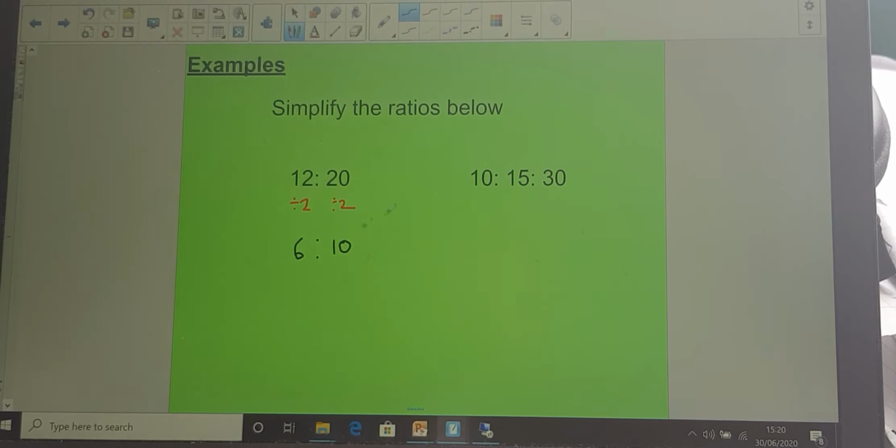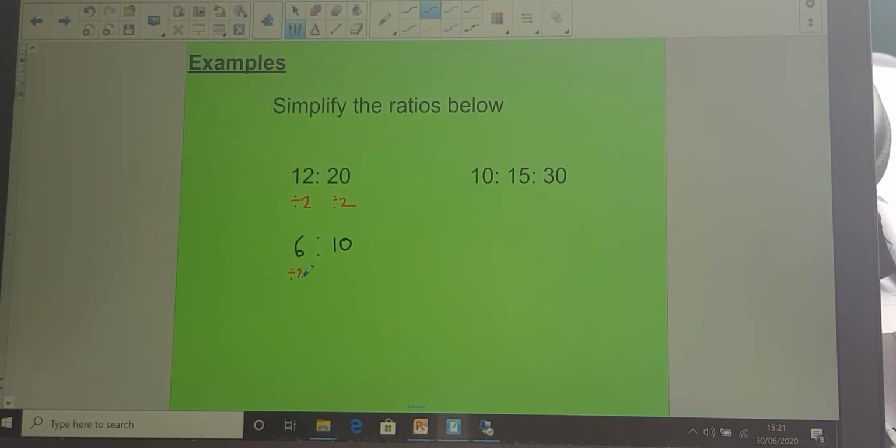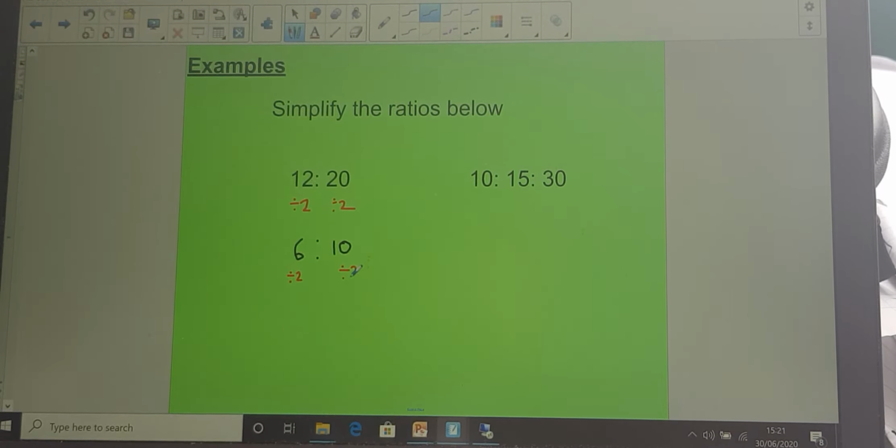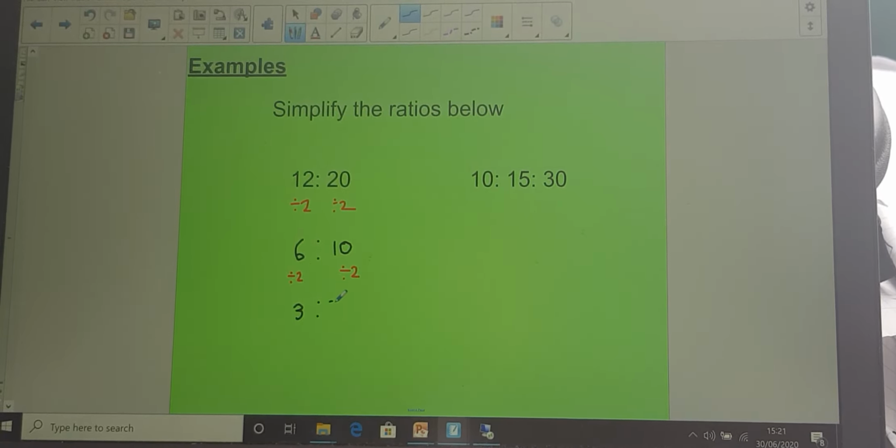And then I might sit back and pat myself on my back, but I haven't done it correctly, because if there are still common factors that aren't 1, then I should continue to simplify. Well, I can see that 2 goes into both of these. So that's going to give me 3 to 5. This is therefore in its simplest form. This is my answer in its simplest form.